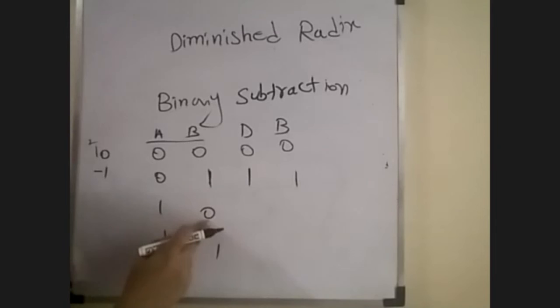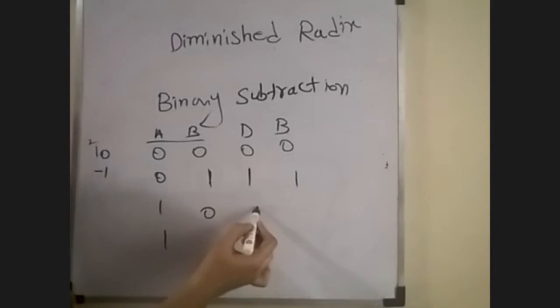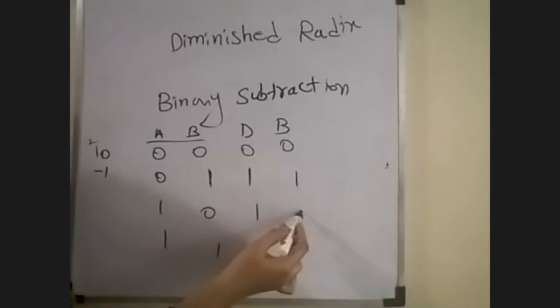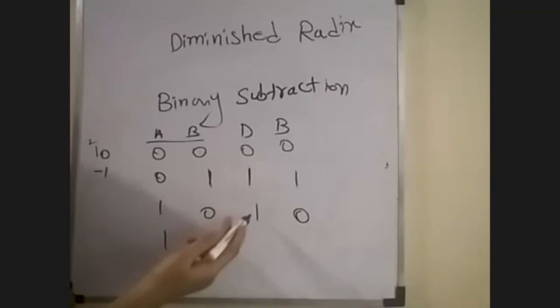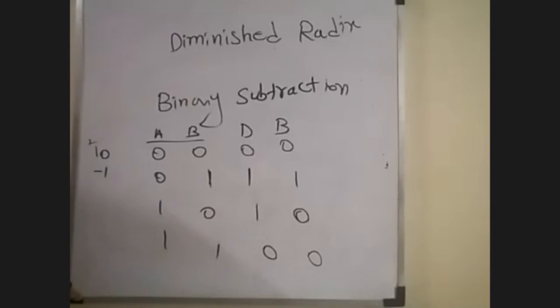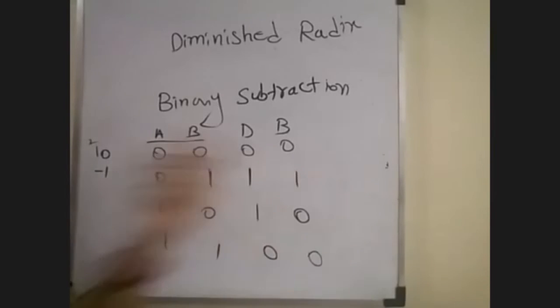And 1 minus 0: no borrow, difference 1, borrow 0. 1 minus 1 is 0; difference also 0, borrow also 0. So the typical case here is 0 minus 1, where you must remember the value: for the 0 1 case, difference is 1 and borrow is 1.